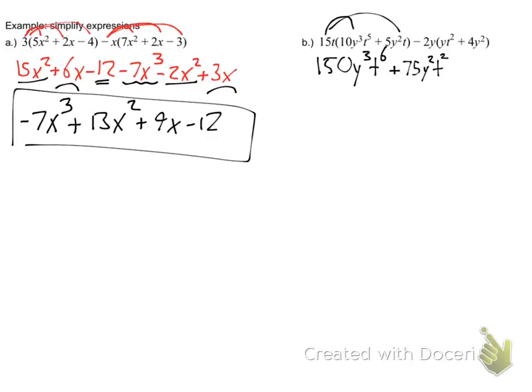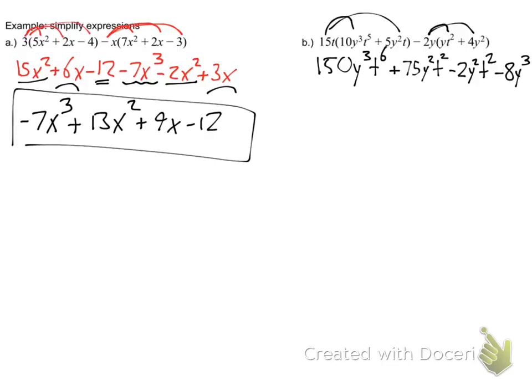Negative 2y times yt squared becomes a negative 2y squared t squared. Not plus. Minus 8y cubed.